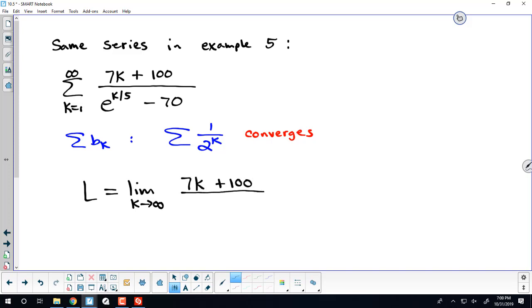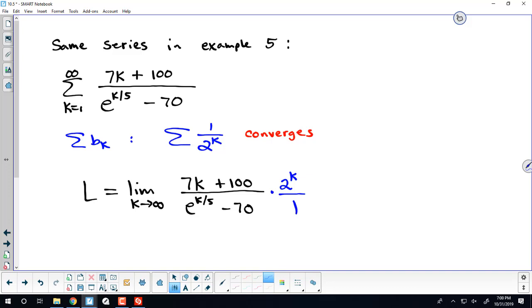And let's see what happens when we compute the limit on these two things. So there's our A, divided by our B. So what would that limit be if we chose 1 over 2 to the k? Maybe 1?